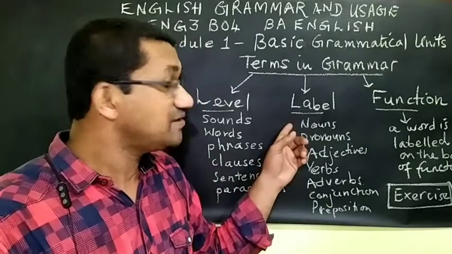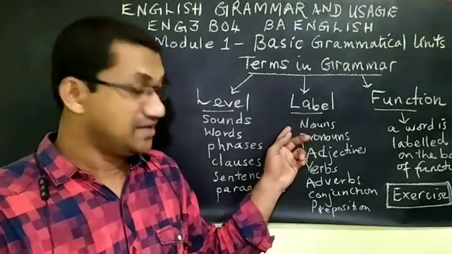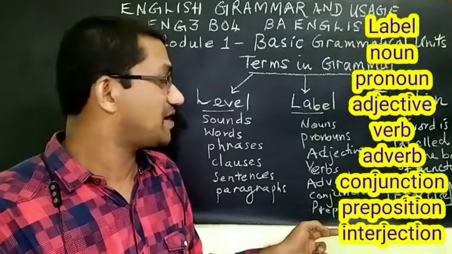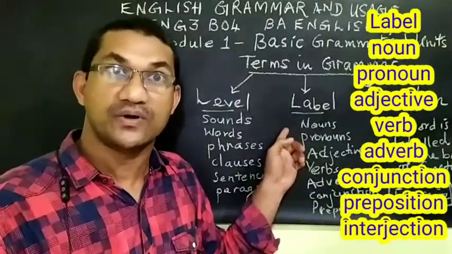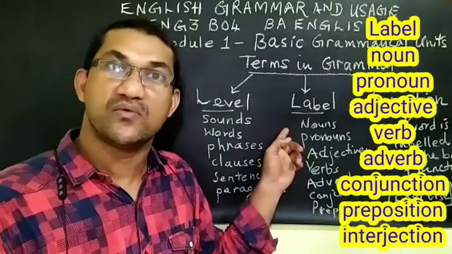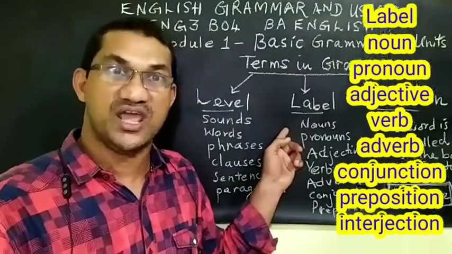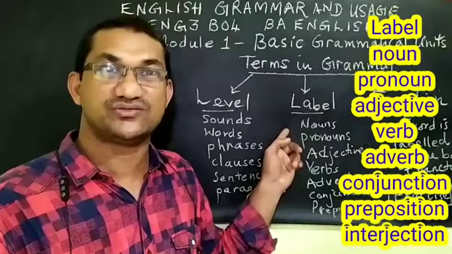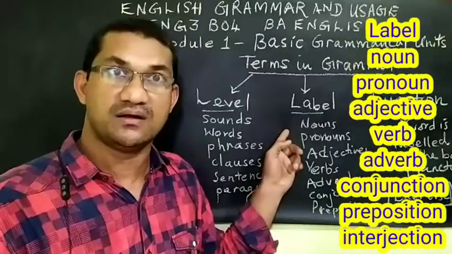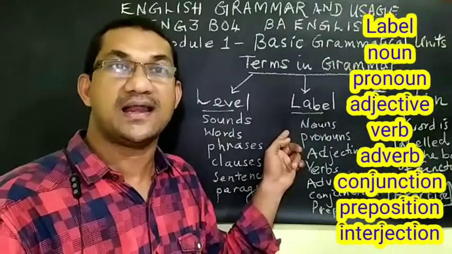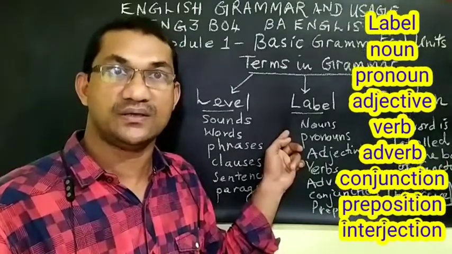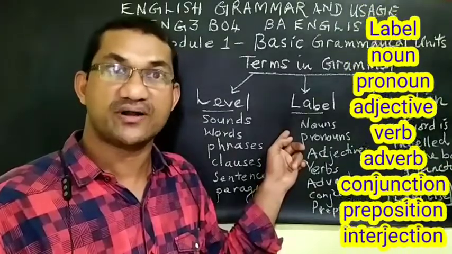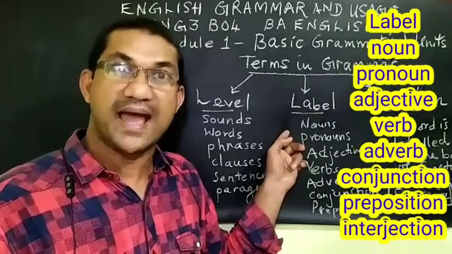Under label we have a number of concepts, like nouns. We know what a noun is. A noun is a word which is the name of a person, place, thing or an idea. We have nouns like Alex, school, staff, boy, cat, forest, apple tree.